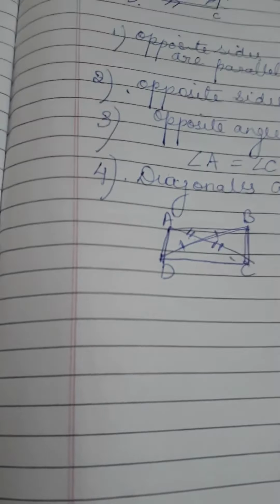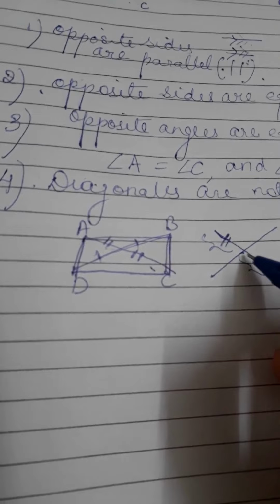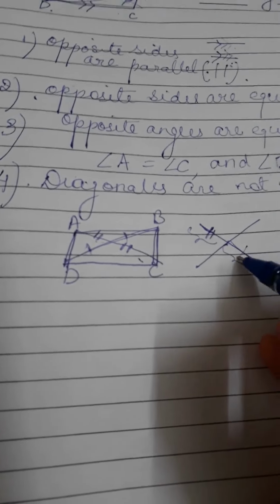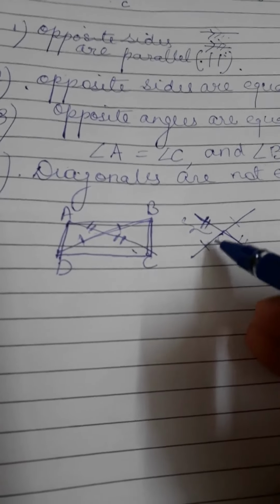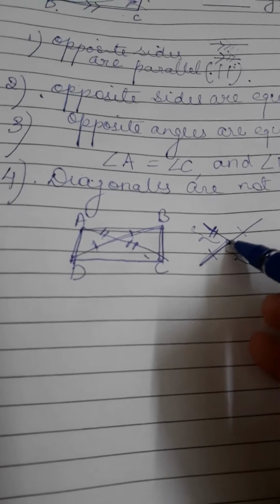एक दूसरे को काट रहे हैं. So this portion will be equal to this portion. Bisecting we have learned, no? आधा करना किसी चीज़ को bisect बोलते हैं.